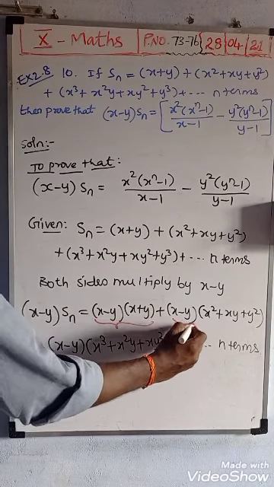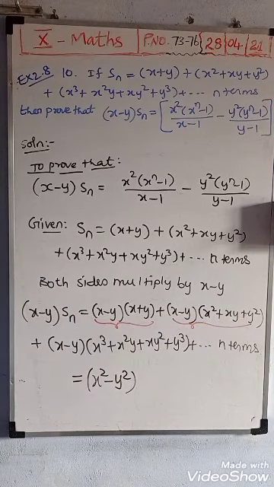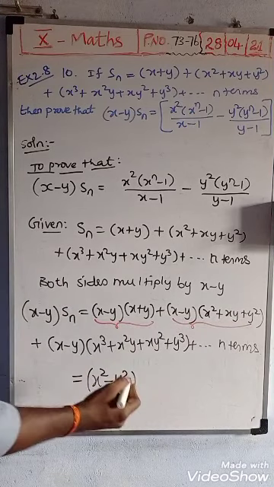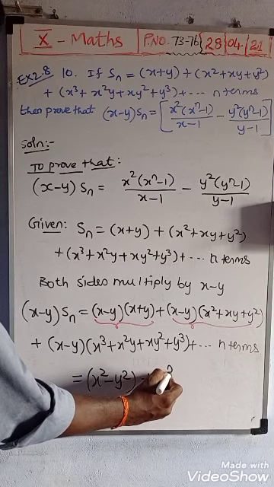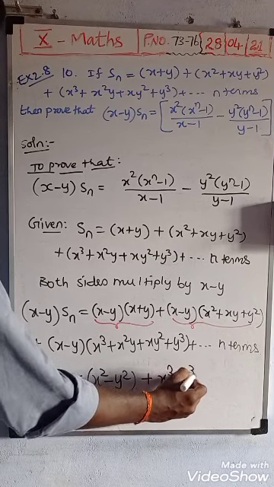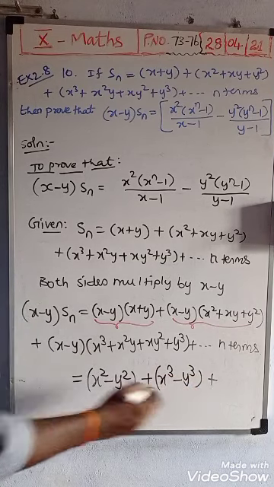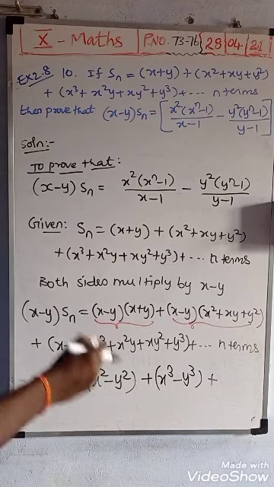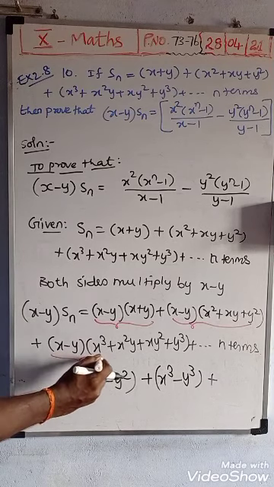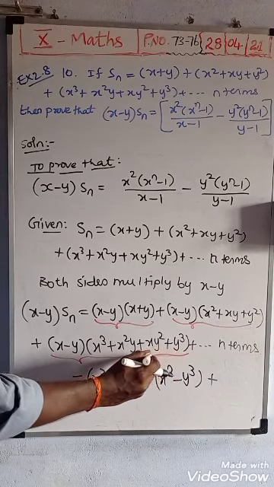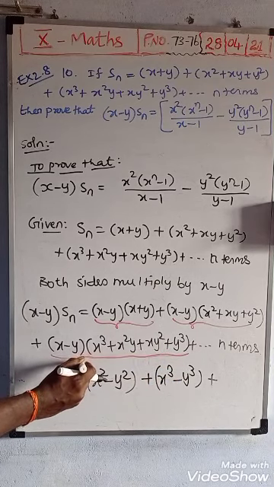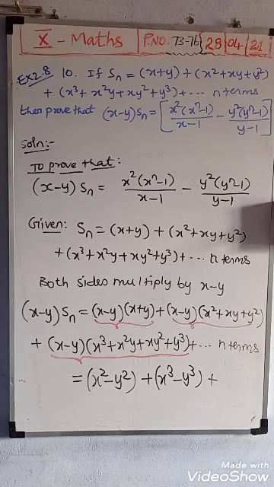Next, this is also one of the formulas. What is the formula for this? a cube minus b cube. So x cube minus y cube. Okay, plus. These two formulas you learned, but you didn't learn this formula. So easily you will understand what formula wants to come next.